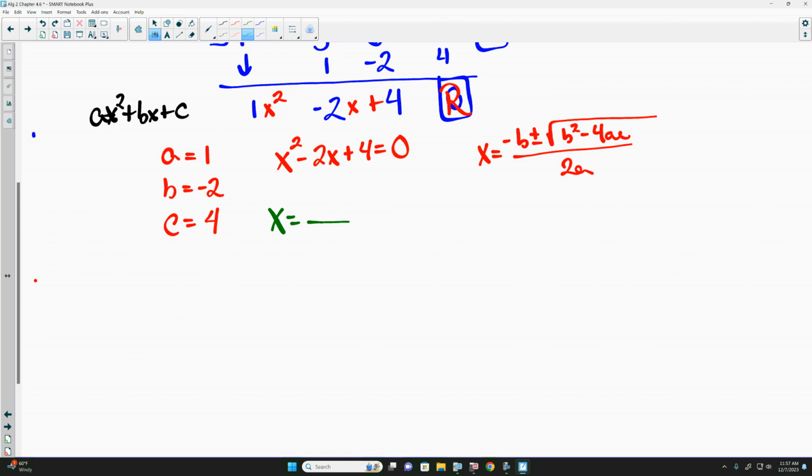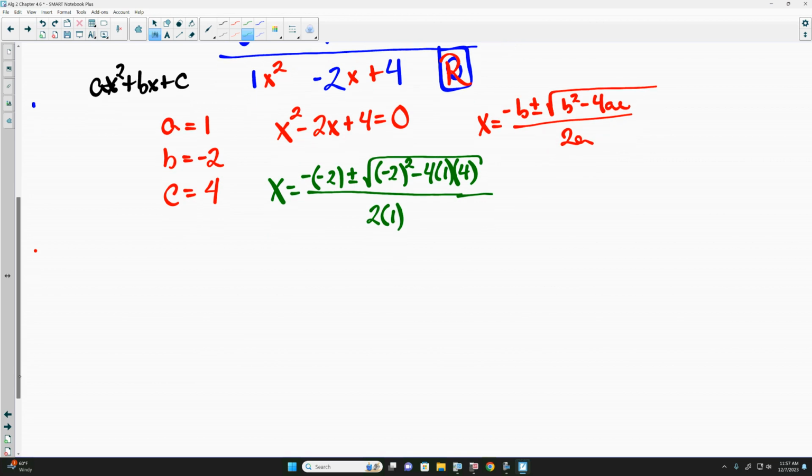So at this point here, we can plug it into the formula. Negative b, so it'd be negative, negative 2, plus or minus the square root of b squared, negative 2 squared, minus 4 times a times our c value, which is 4, all over 2 times a.